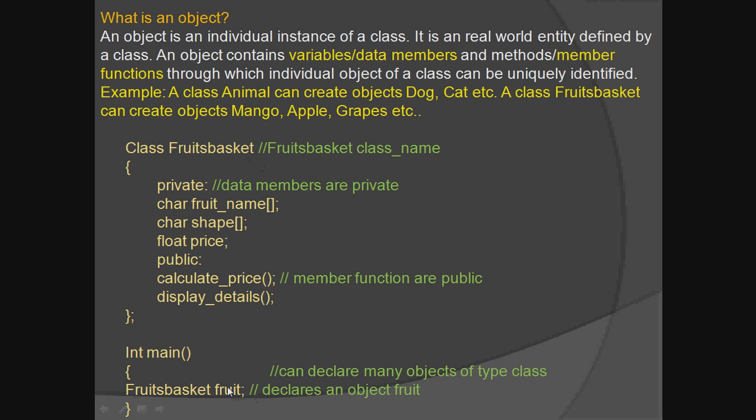So this fruit and the members relationship is established: what is the fruit name, what is the shape of the fruit, what is the price of the fruit, and how the member functions can get access to that. Once you get the price, you can calculate the price, and then display all the details: the fruit name, suppose mango, what is the shape, what is the price of the mango, like that. So you can declare many objects of type class.